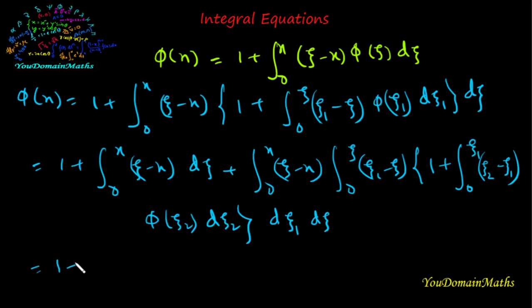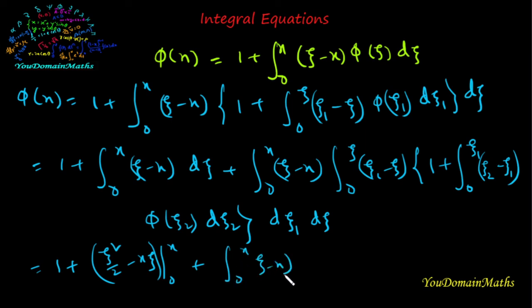If we simplify this, 1 plus, if we integrate this, then we get xi square by 2 minus x xi, and putting the values 0 to x in here, and then integral 0 to x of xi minus x, and xi1 minus xi, and the integrating variables are d xi1 d xi, and there are two integrals, that means 0 to xi.